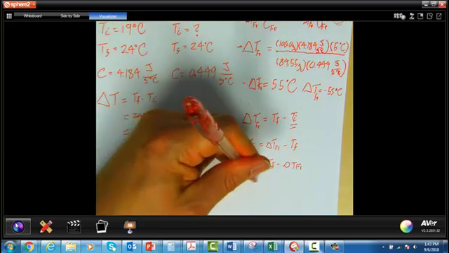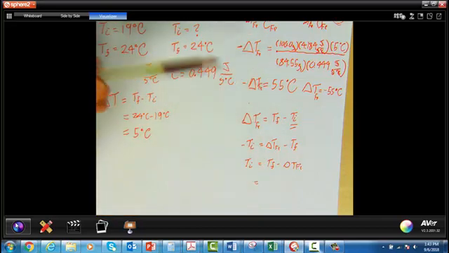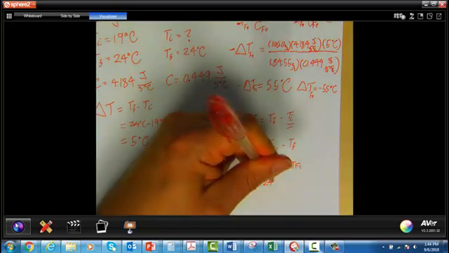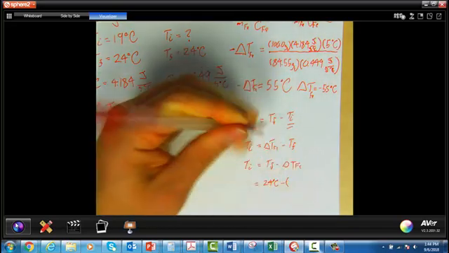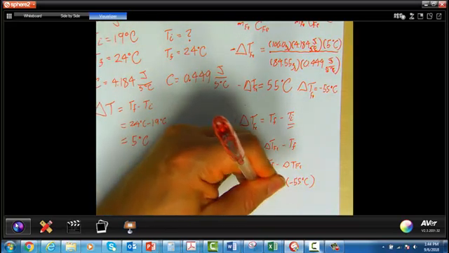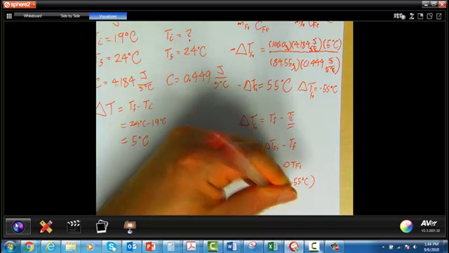And then we put in the numbers. T final was the 24 degrees, so we have 24 degrees Celsius, and then we have minus a negative 55 degrees Celsius, and we do the math, we get 79 degrees Celsius.